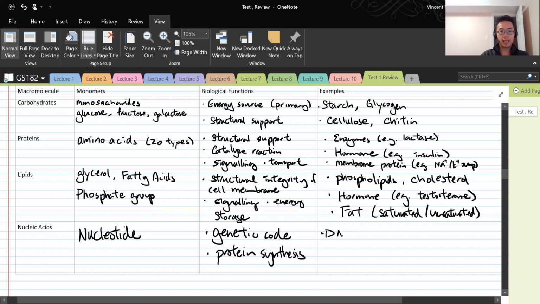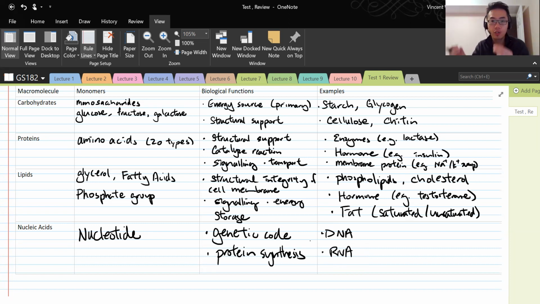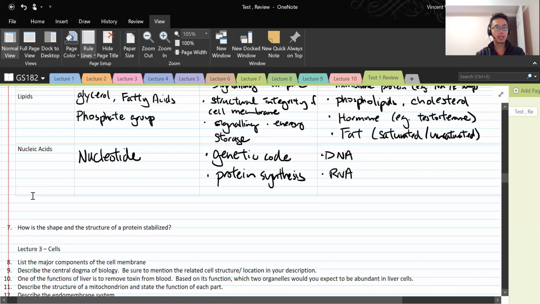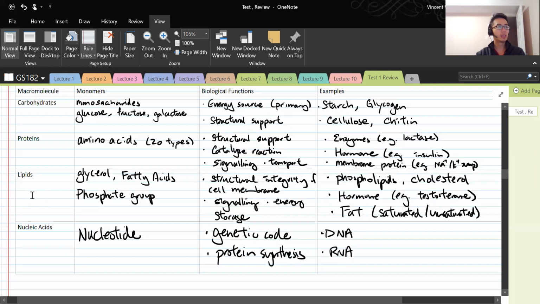Examples would be DNA and RNA. There are different types of RNA, right? Some make up the ribosome. Some are an intermediate, a messenger between DNA and proteins. We can talk more about that later. Any questions about the macromolecules before we move on?